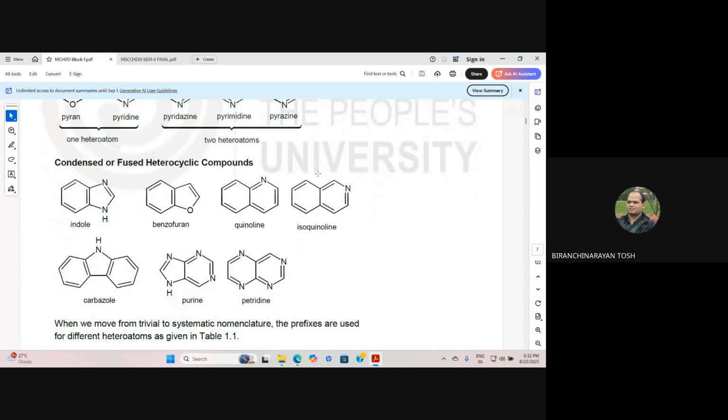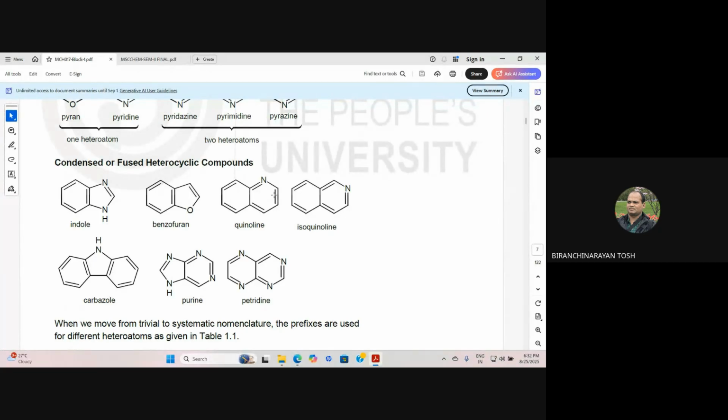Now moving to the condensed or fused heterocyclic compounds. Indole, a 6-membered ring fused with a 5-membered ring containing nitrogen. With 1 oxygen, that is benzofuran. If it is only a 5-membered ring, then it is furan. So benzene is attached or fused, so benzofuran.